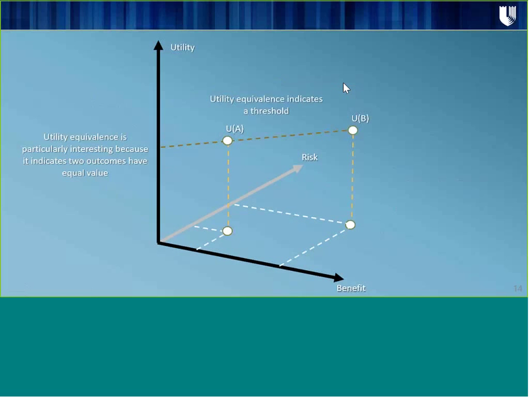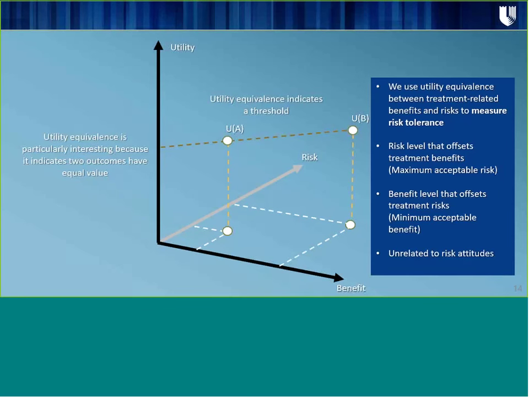And there are different ways in which we consider this equivalence a measure of risk tolerance. The first way that is widely used in the literature is what we call maximum acceptable risk. So to understand maximum acceptable risk and the link of that concept with this equivalence picture that I'm showing here, I'll ask you to imagine that you are currently taking the profile characterized by point A, which provides utility A. And I'm asking you now to consider that you could switch to profile B, right?